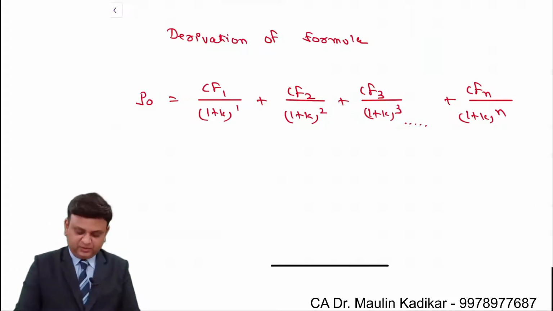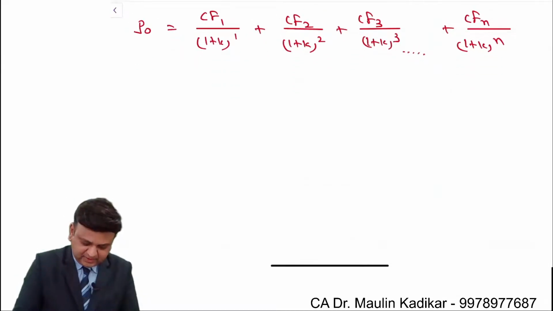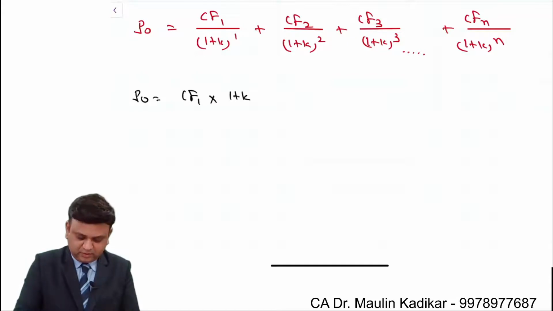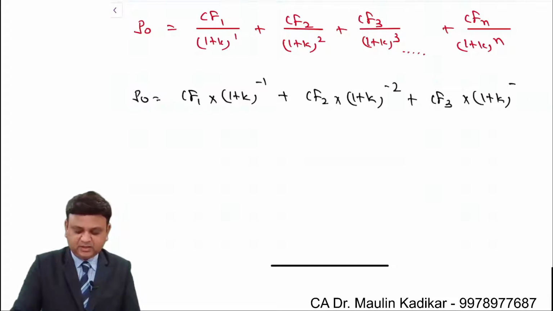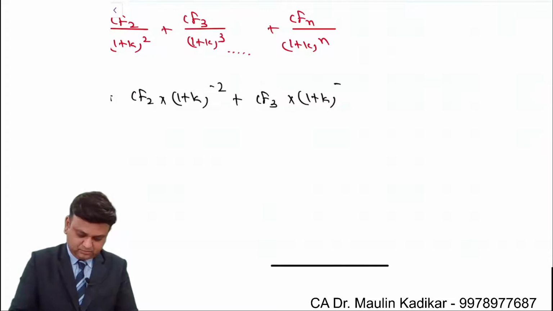Now friends, over here we can rewrite the formula like this. P0 is equal to cash flow for the first year into 1 plus k raised to minus 1, cash flow for the second year into 1 plus k raised to minus 2, cash flow for the third year into 1 plus k raised to minus 3, and so on.